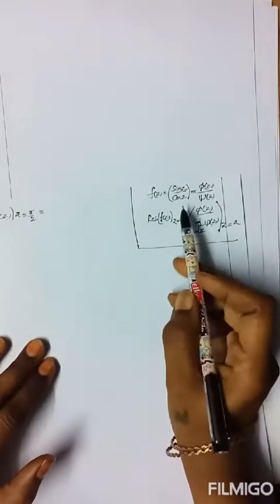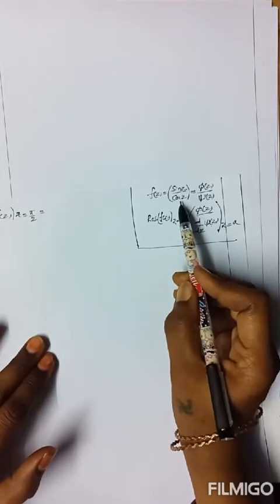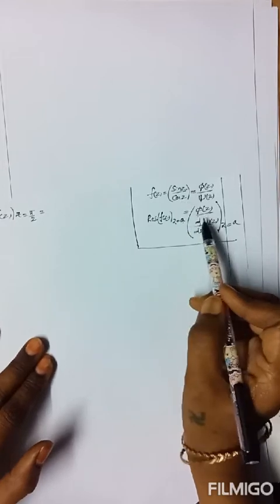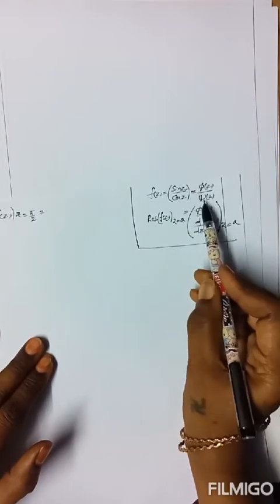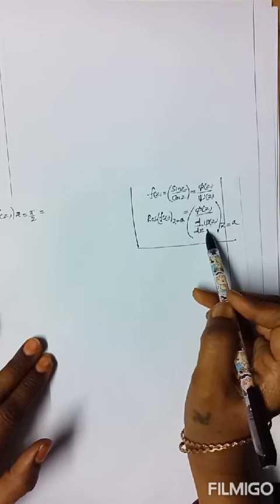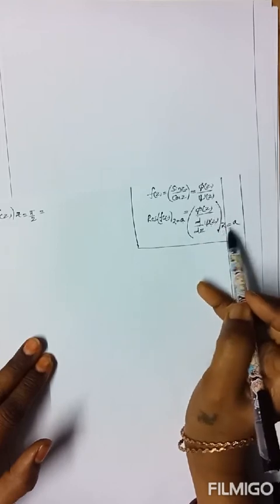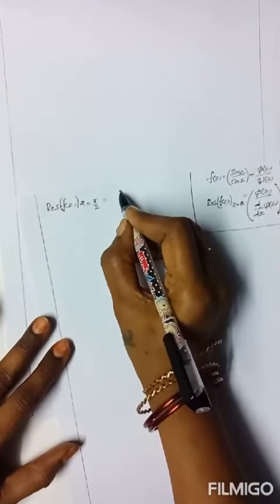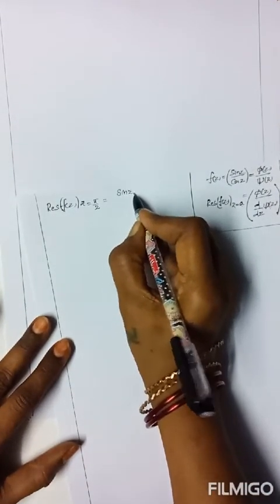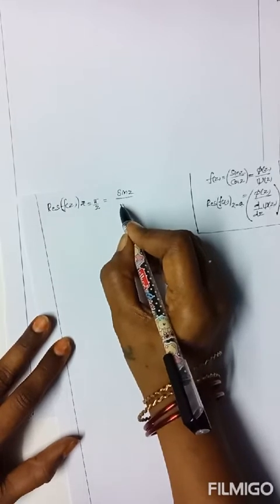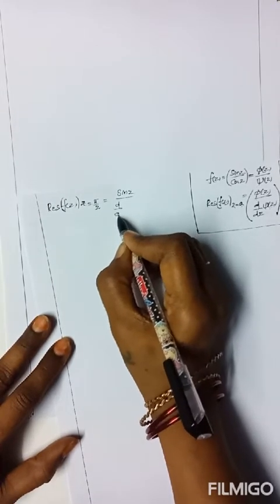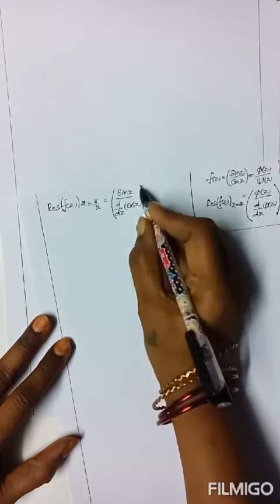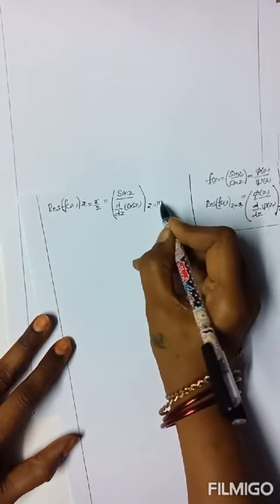If the function is trigonometric and in u by v form, then to get the residue at the point, the formula is phi of z by differentiation of the denominator, and then we substitute z equals a. Similarly here we write sin z by d by dz of cos z, and then z equals pi by 2.